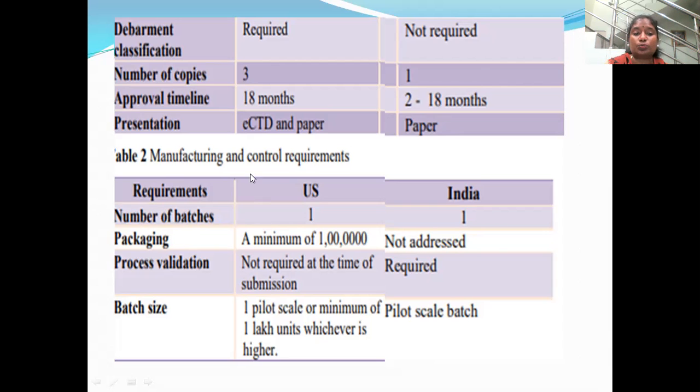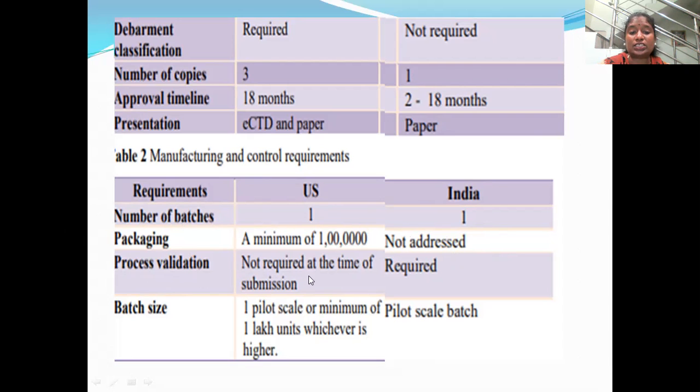For the manufacturing and control requirements, the number of batches is the same for the USA and India. For packaging, in the USA above 1 lakh is needed, and here there is no need to address packaging.